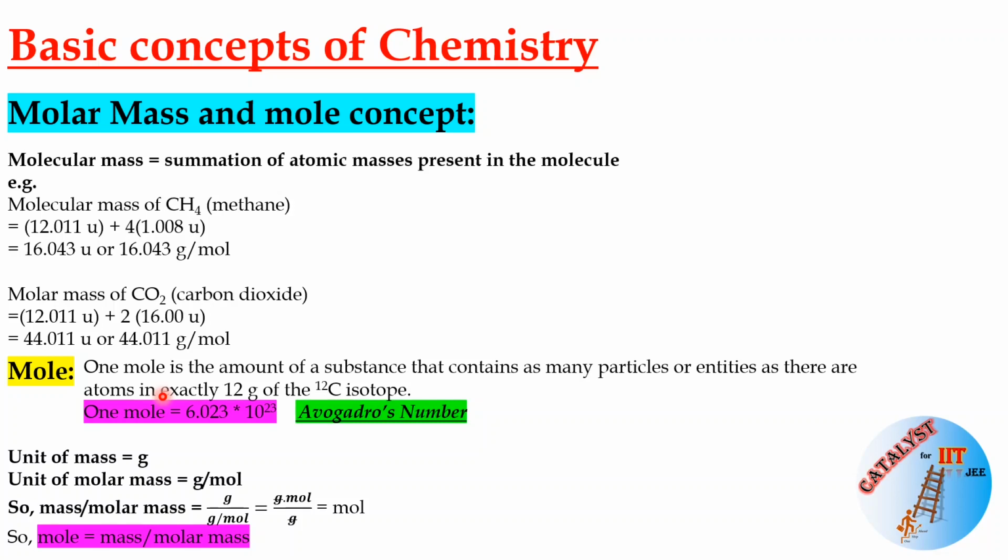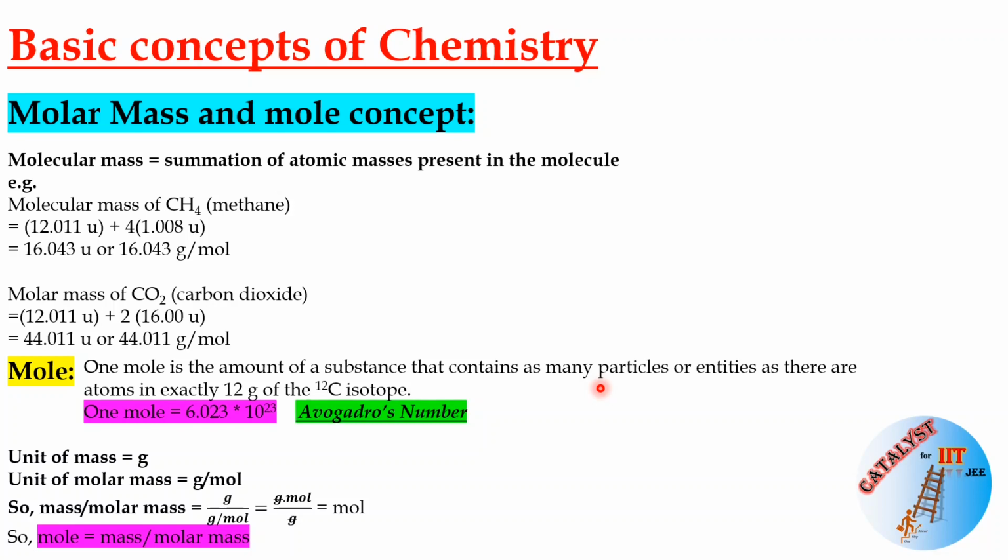So you increase the quantity to reach a sufficient amount. The mole concept came in a similar way, and 1 mole is the amount of a substance that contains many particles. So the total mass of all the atoms will be exactly 12 gram for the carbon-12 isotope.